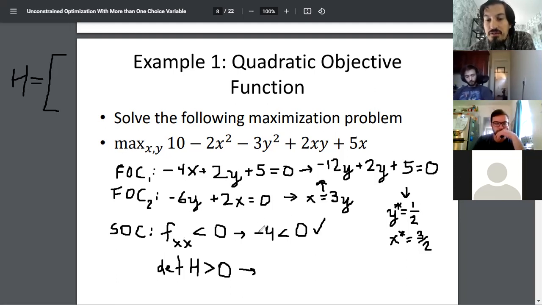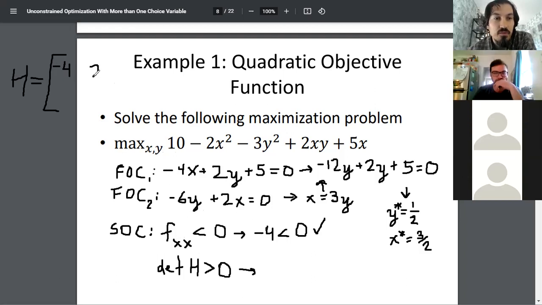The upper left entry should be fxx, which is -4. I'm sorry, this is going to be right on the edge of the screen. How about fxy? That will be, somebody tell me, what's fxy? 2. Thank you, it is 2. Same thing for fyx, they have to be the same. Fyy, I think we can look in here and see it's -6.